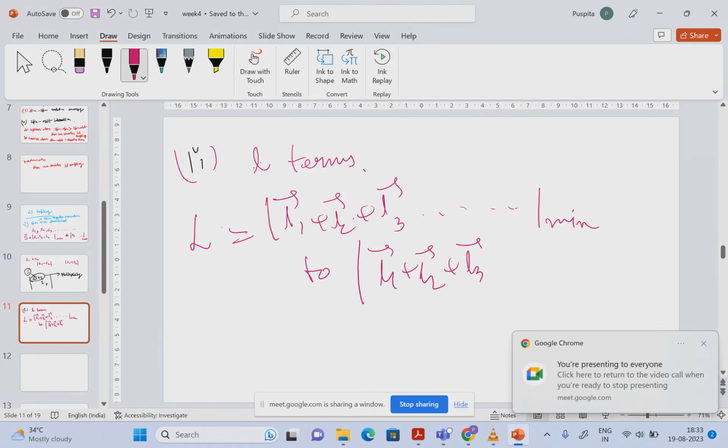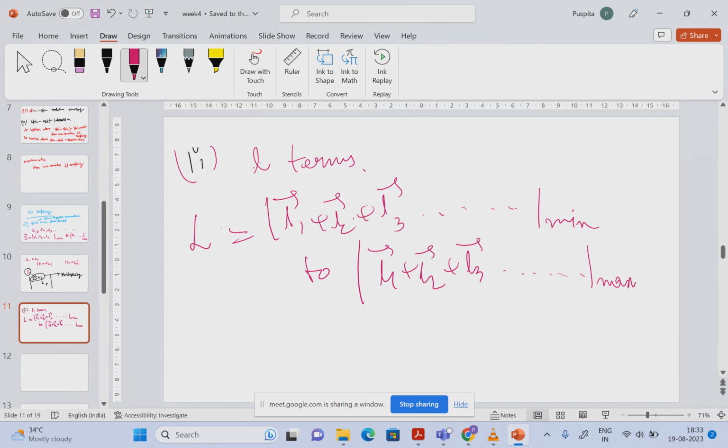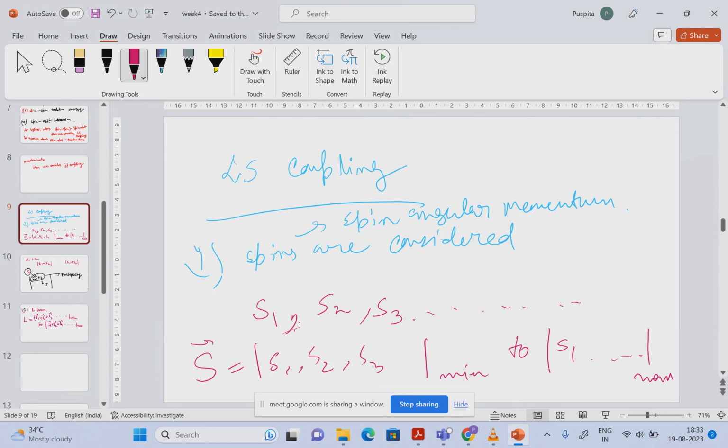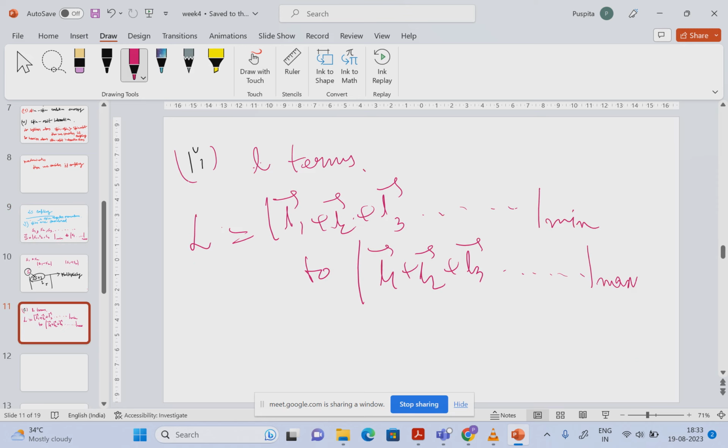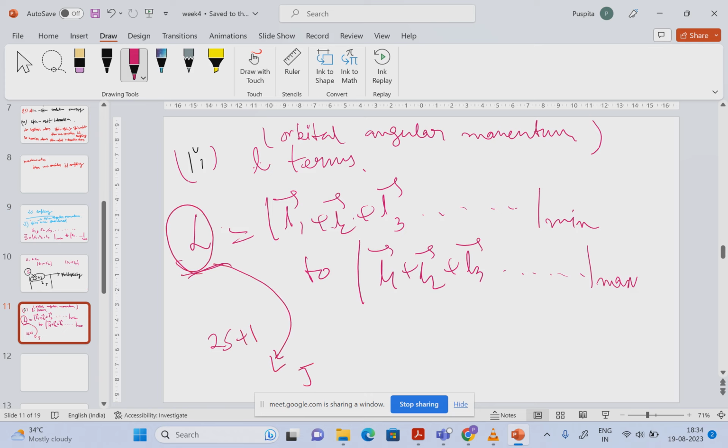Now I will explain with an example. First, I want to explain the steps of LS coupling. First, you need to add the spin angular momentum, then add the orbital angular momentum, and this L corresponds to this L in L_J.